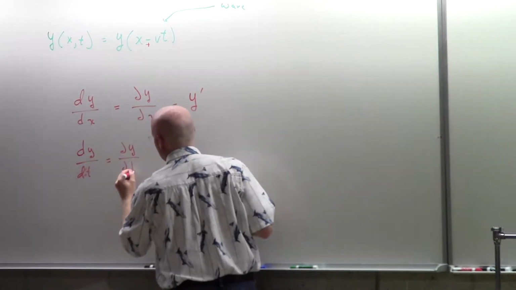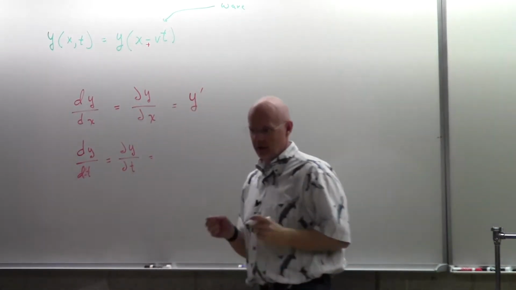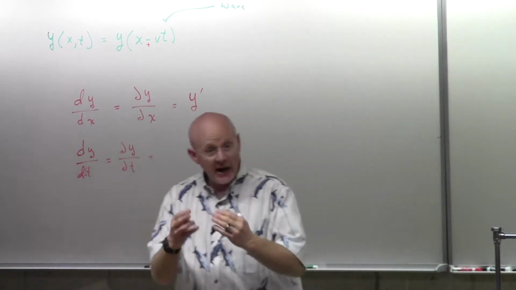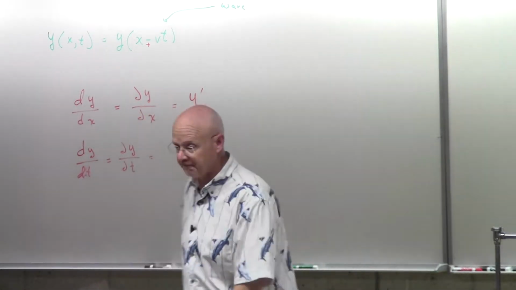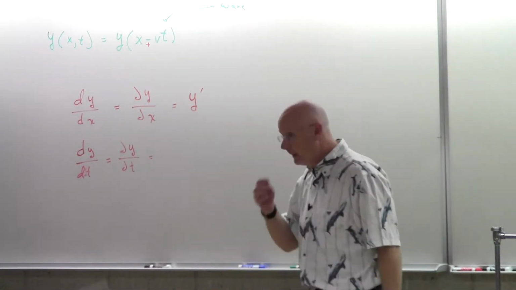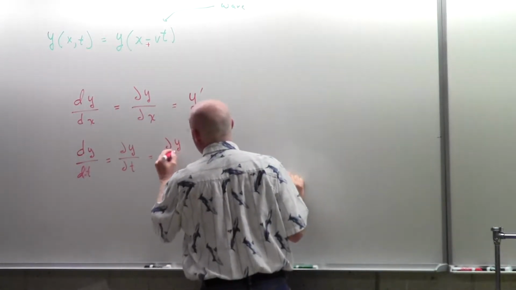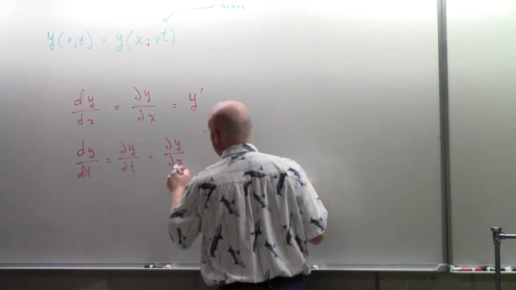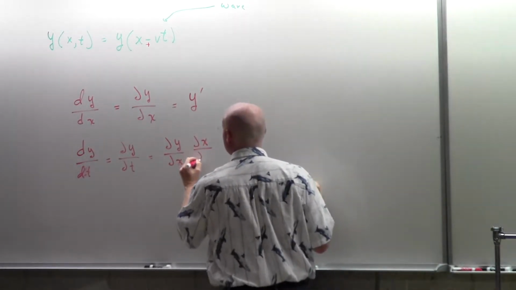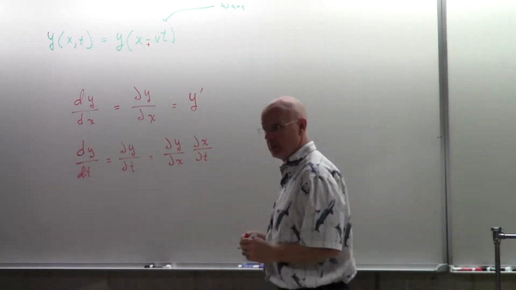Let me try that again with taking the derivative with respect to the other variable, the time variable. What would that look like? Well, I guess I could write that as taking it with respect to x and then x with respect to time, right?